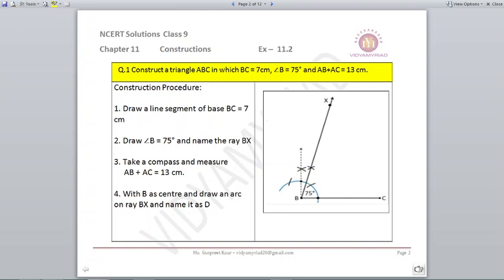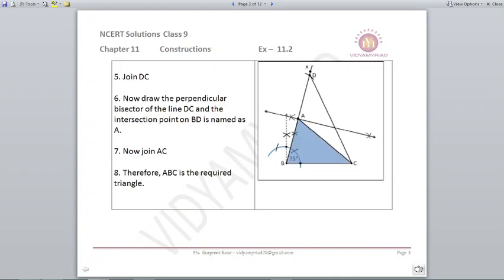Now after this, you will draw a straight line BX as a ray. On this line, putting your compass on B, you will cut an arc of 13 centimeters on BX and name it D. After this, join DC, and on DC, considering the points D and C, draw the perpendicular bisector.